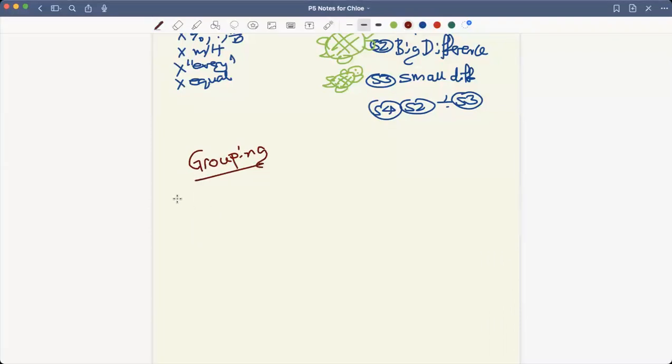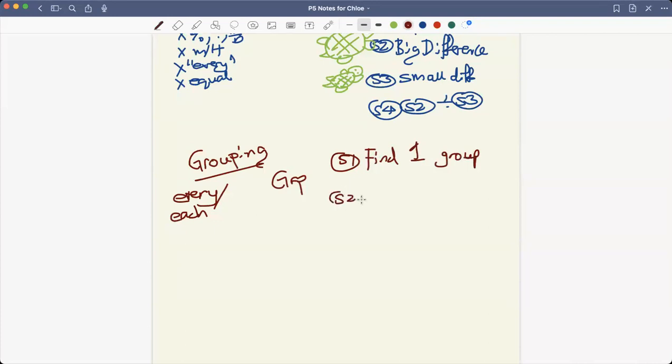Okay, for grouping, you see the word every. Sometimes each. So this is grouping. So for grouping, there are 3 steps. You need to know what is in one group. Then you need to find your group value. And for your group value, normally we look for 2.